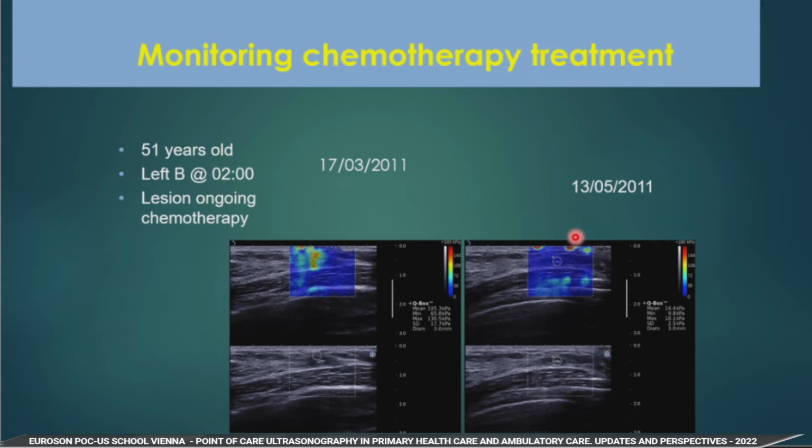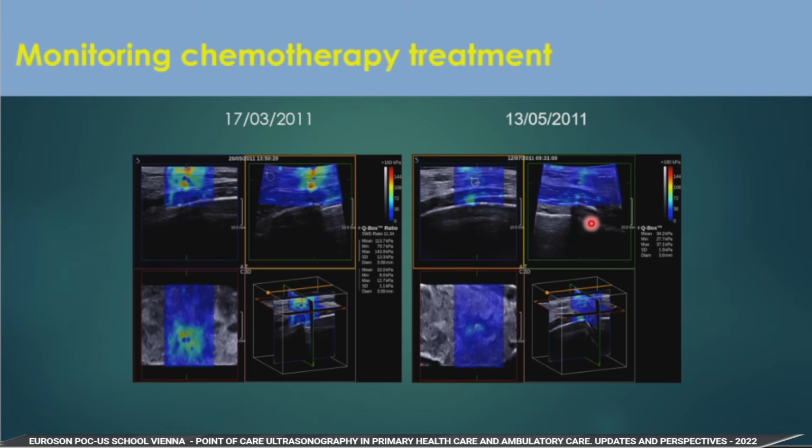That means that the treatment is efficient, and if you have a chance to have a 3D probe, you can make a better analysis of the modification of the elasticity of the carcinologic process.